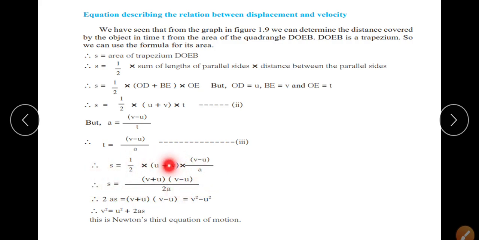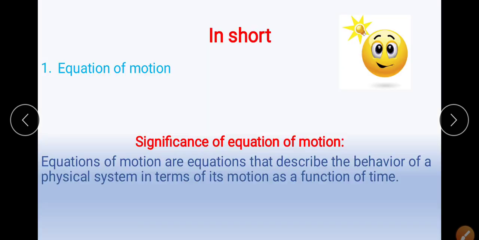So (V plus U) into (V minus U) is V square minus U square. Just substitute and rearrange this equation, and you will get V square is equal to U square plus 2AS. This is Newton's third equation of motion. This is also derived using one graph and the area of a trapezium. That is it, and you will be able to derive all the equations by using the graphical method.